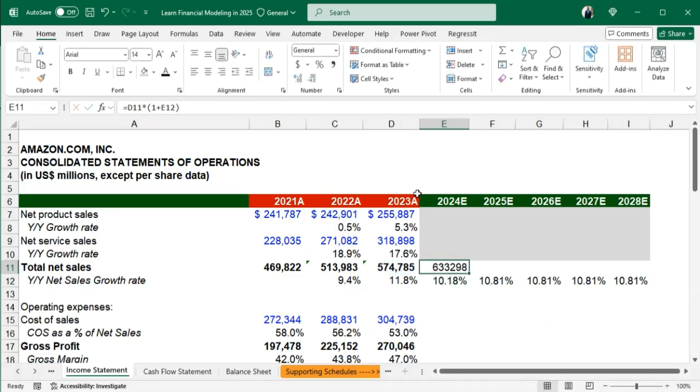So that is my revenue for 2024. I'm going to format this with 0 decimal places and copy this to the right using Control R.